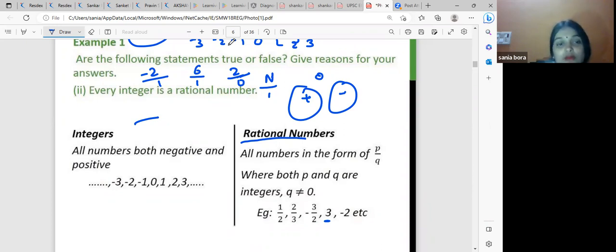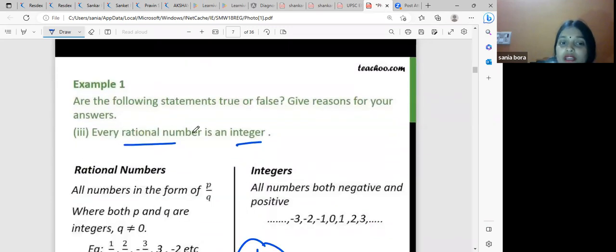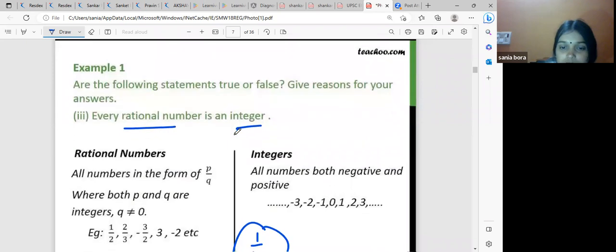Every integer is a rational number, but every rational number is not an integer. Okay, clear?